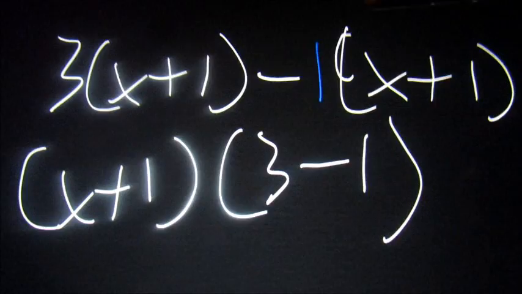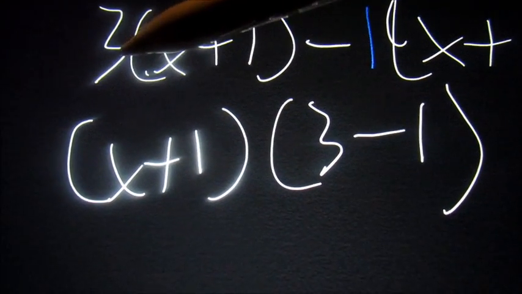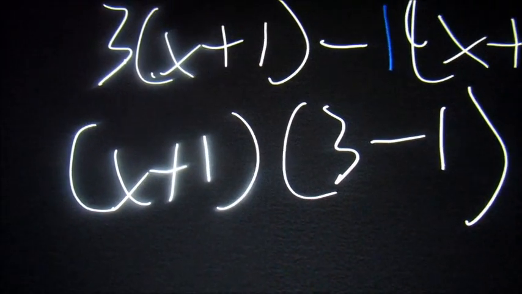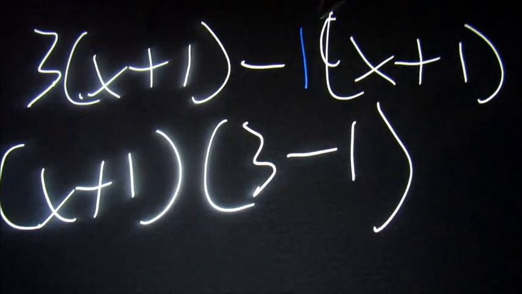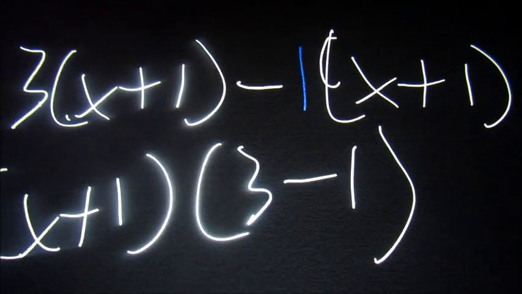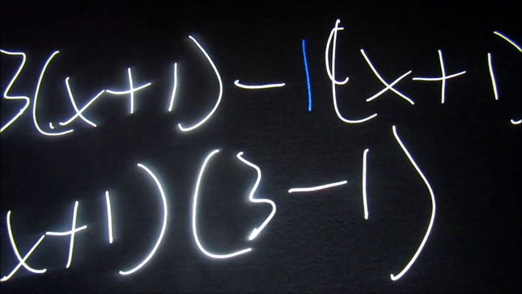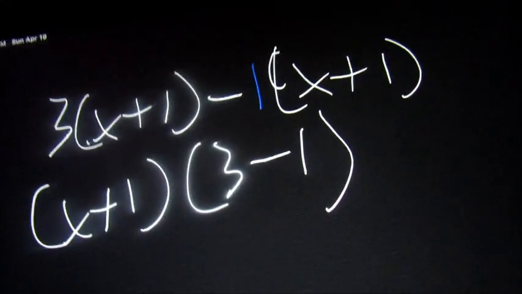Now, on something like this, this number here, instead of a 3, will probably be a y or something. I just wanted to show you that if there's nothing in front of the parentheses, there is actually a 1 here. Okay, so knowing that we can do that, what we're going to do is factor by grouping.